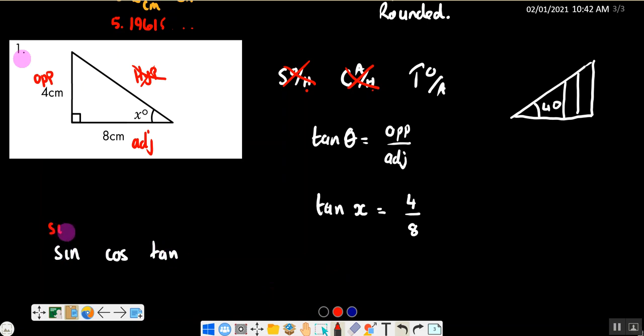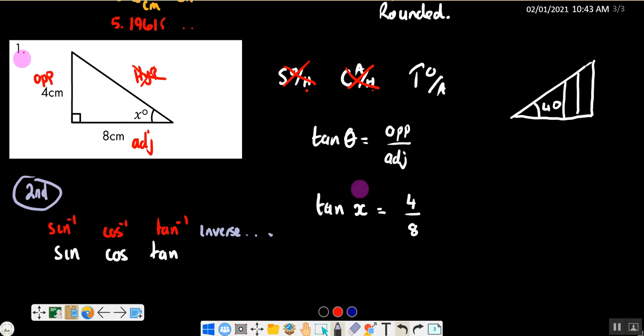So you've got sine minus 1 like that, cos minus 1, do you know how to access them? Good, that's your second function for each button. These are called the inverse, alright? So it's the inverse sine, the inverse cosine, the inverse tangent. That's what we use when we want to know what the angle is from the ratio.